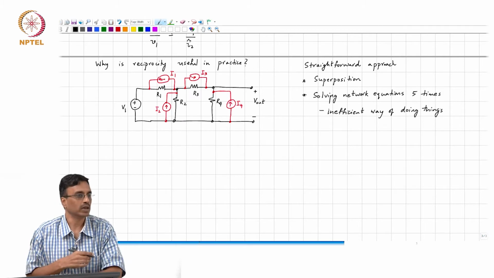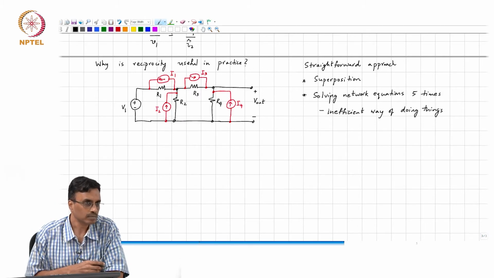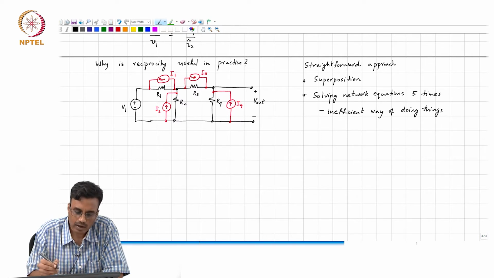The smart way of doing things is to use reciprocity, and the idea is the following.